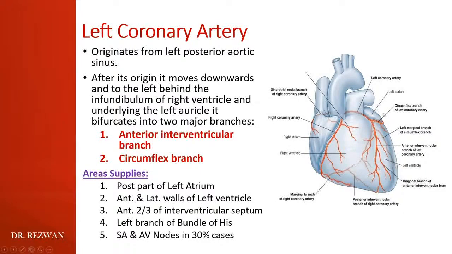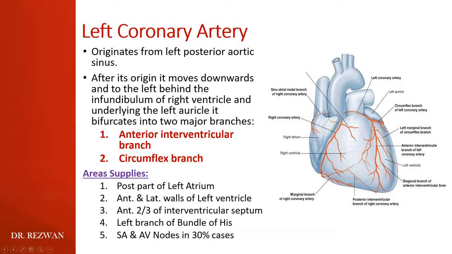On the other hand, the anterior interventricular branch is going through the anterior interventricular groove, crossing the apex of the heart, and going into the diaphragmatic surface, where it will meet the posterior interventricular branch of the right coronary artery, which was waiting over here to anastomose with this anterior interventricular branch. So it is having two branches, anterior interventricular branch and the circumflex branch.